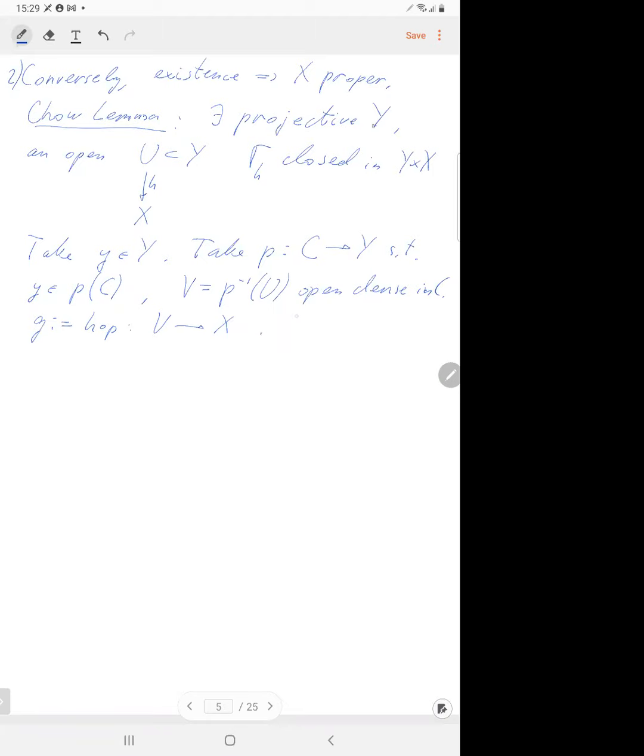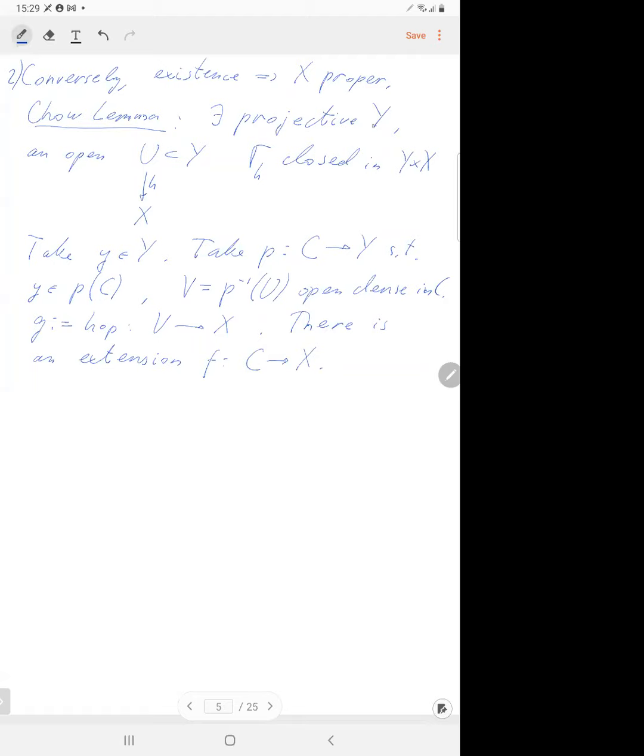So by assumption, there is an extension F from C to X. Okay, so V was an open subset in C, where we extended.